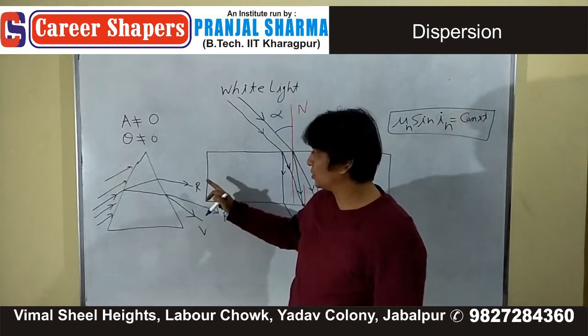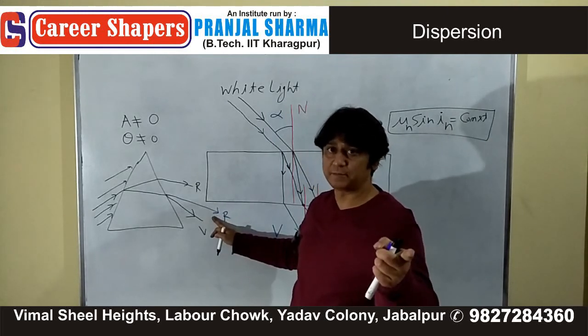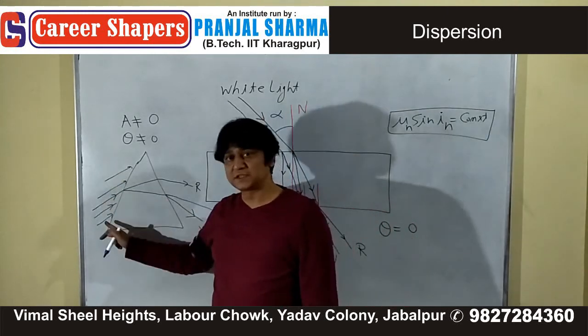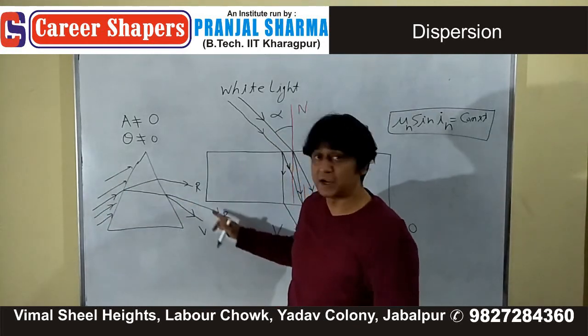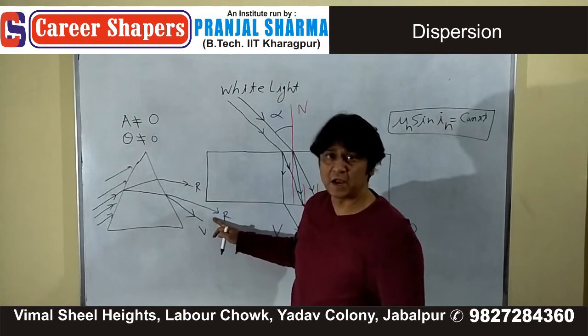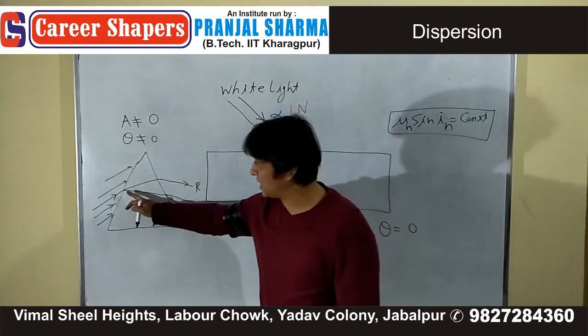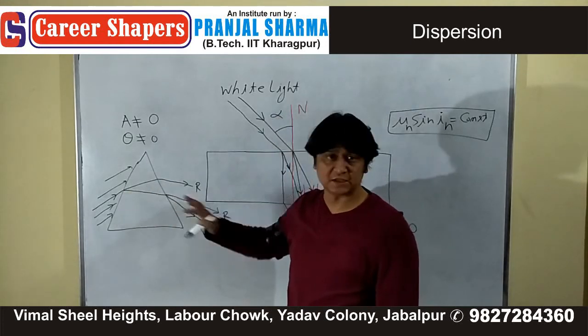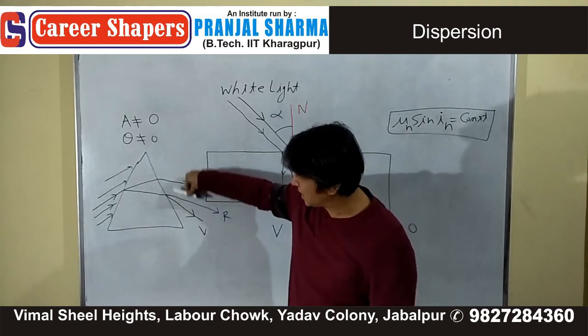Why? Because for this and this, refractive index is what? Same. Angle of incidence is same. Refractive index, it depends on color, that is also same. And therefore, angle of refraction at this place and ultimately at this place, they are also same. And therefore, all these red, they are parallel.